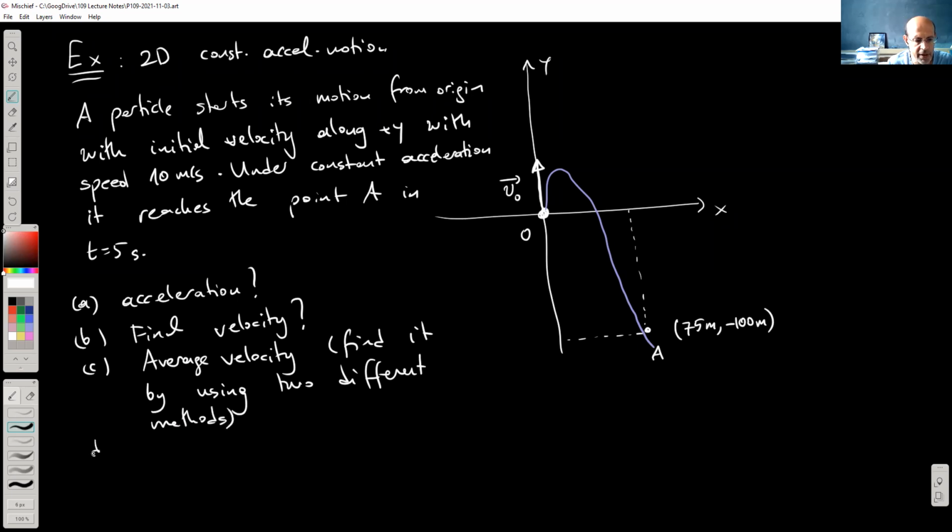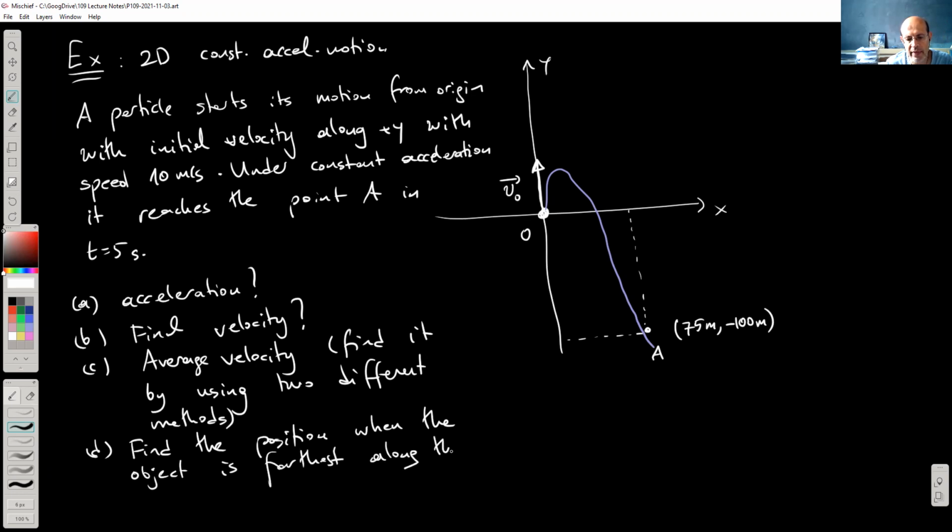Okay, and part D is, let's see, find the position when the object is farthest along the y direction, right? When the object is farthest along the positive plus y direction. Okay.